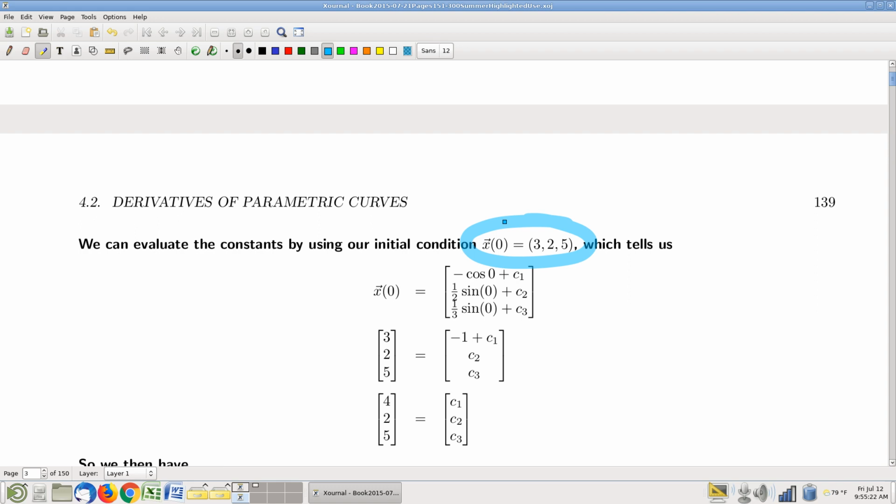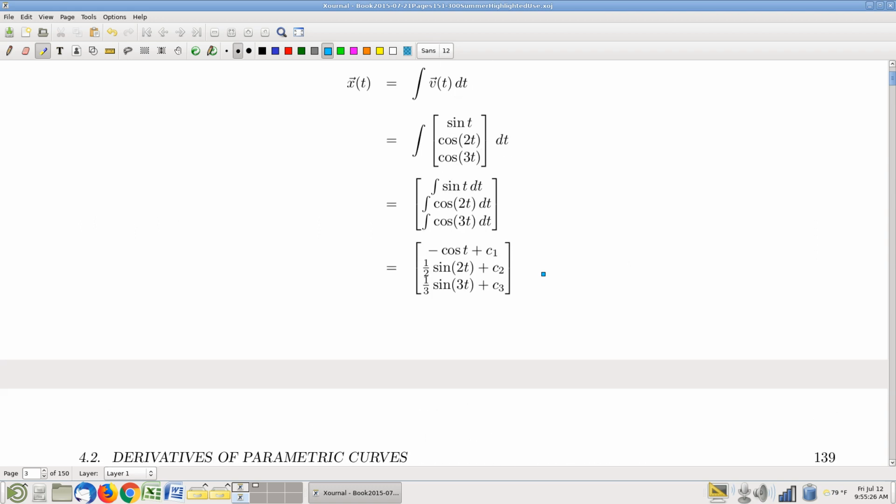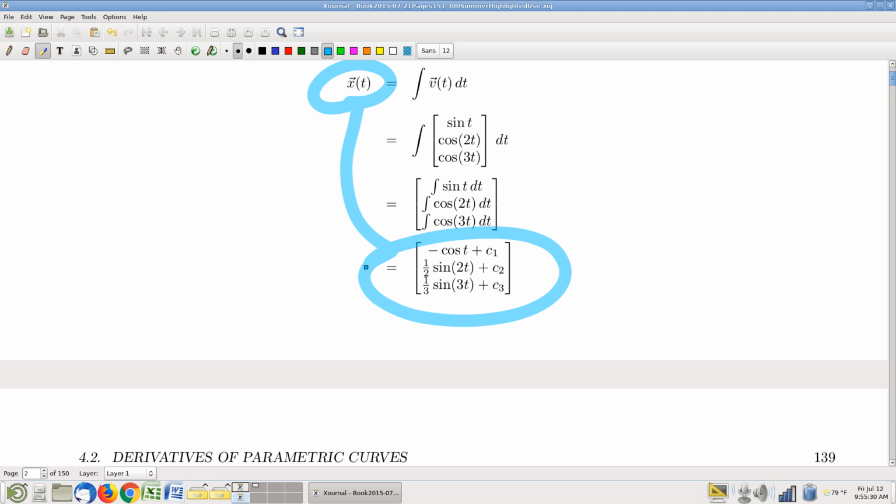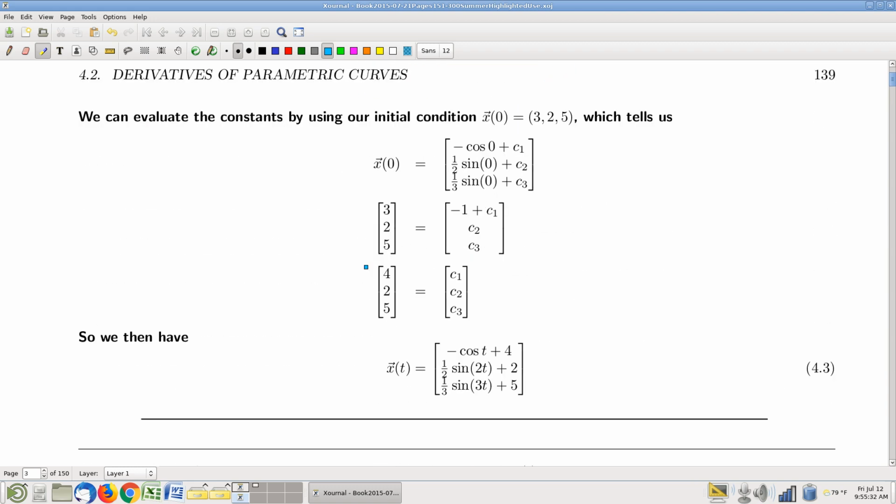For example, check this out. Let's just plug into this formula. Let's plug in t equals 0. Plugging in t equals 0, well, my initial position is given as 325. That's the 325. Some students are expecting that to be C1, C2, C3.